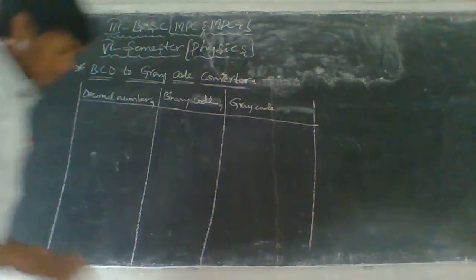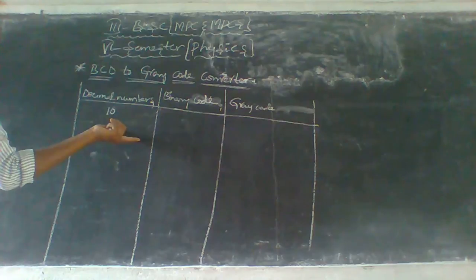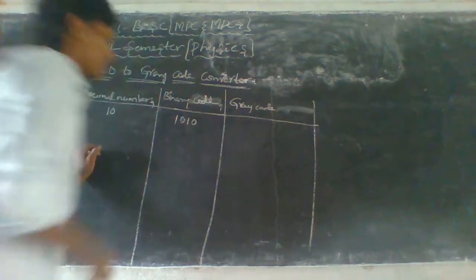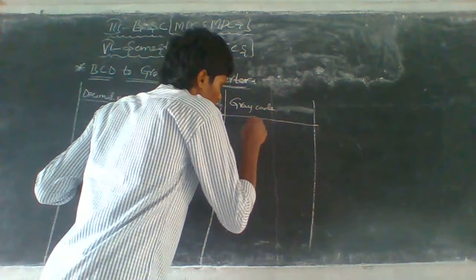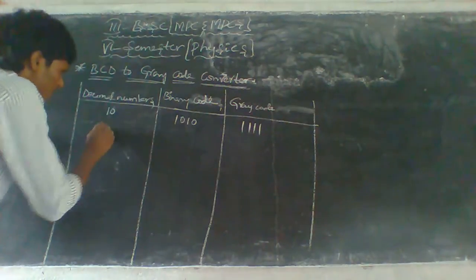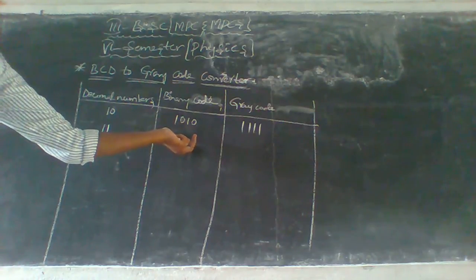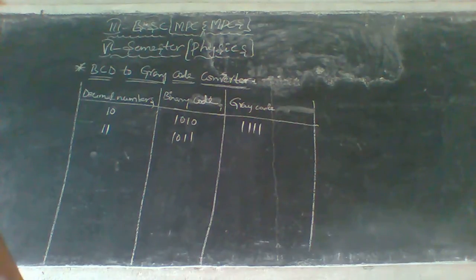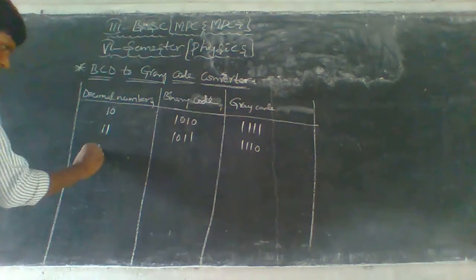For decimal number 10, the binary code is 0101 and the Gray code is 1111. For decimal number 11, the binary code is 1101 and the Gray code is 0111.